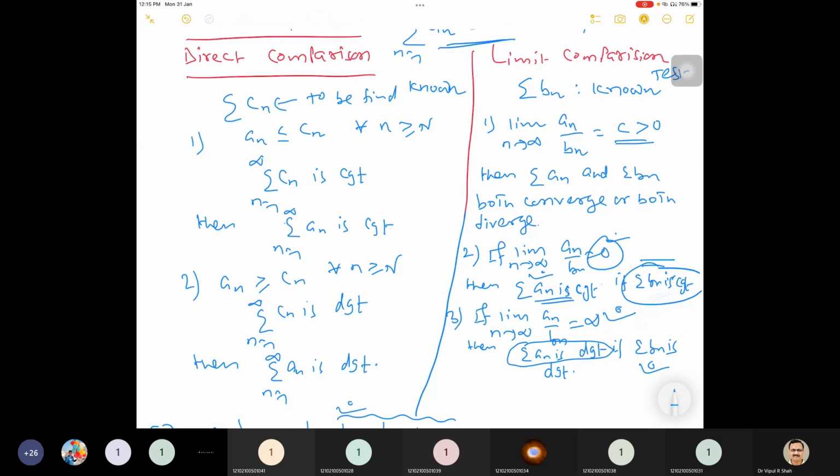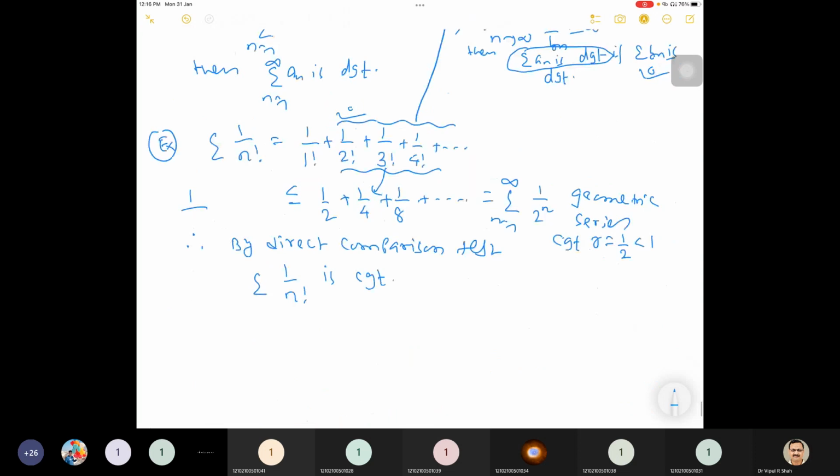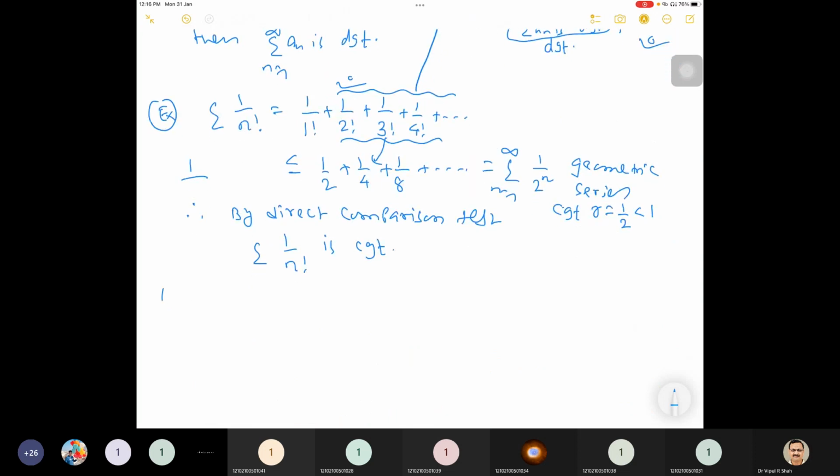Now, so let us have the theorem example. Let us take one example of this too, the same direct comparison test.